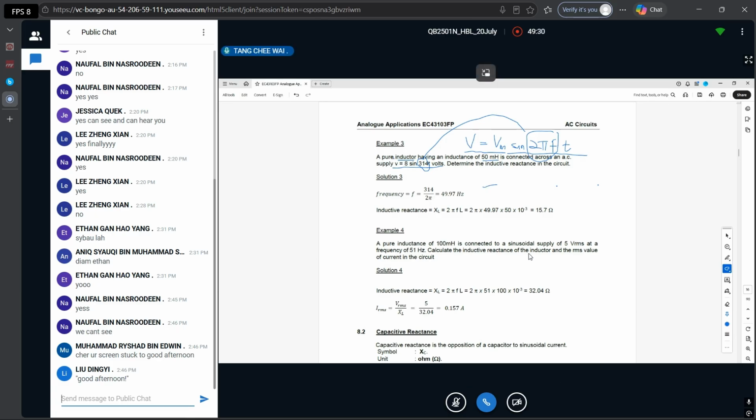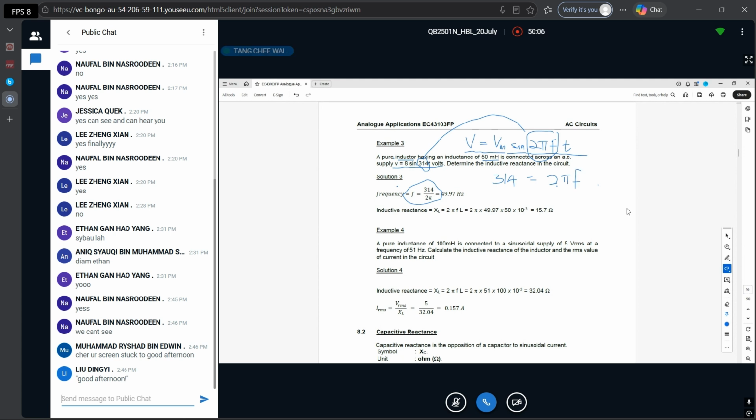Okay, so now can I just write this out for you to clarify this part, or how you come to here. Actually, it's written like that: 314 equals 2 pi f.